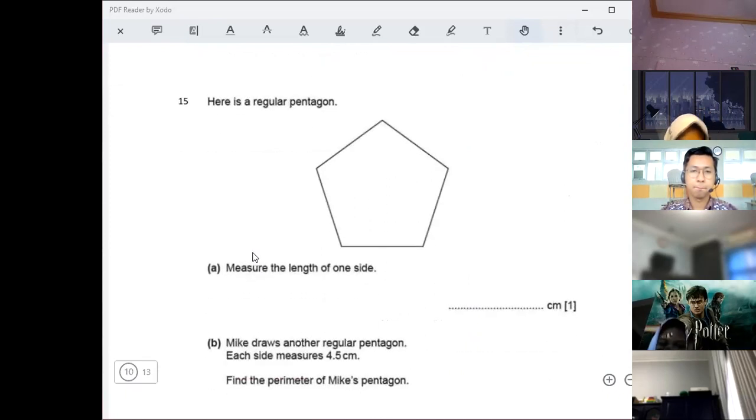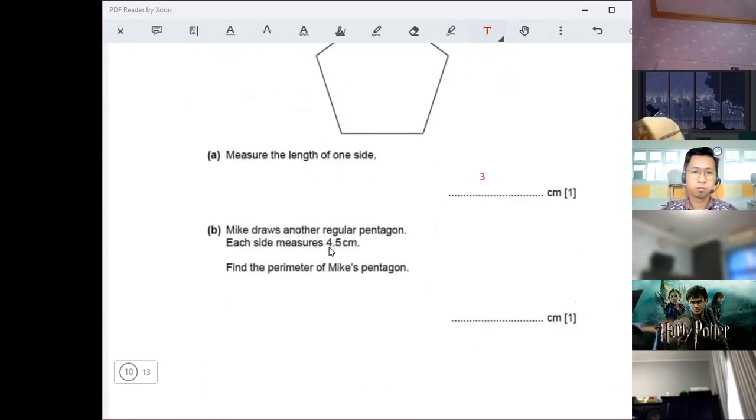Okay, now we go to number 15. Everyone, please take your ruler and measure how long is this one. 3. Good job. And if each side is 4.5 centimeters, what is the perimeter of my pentagon?